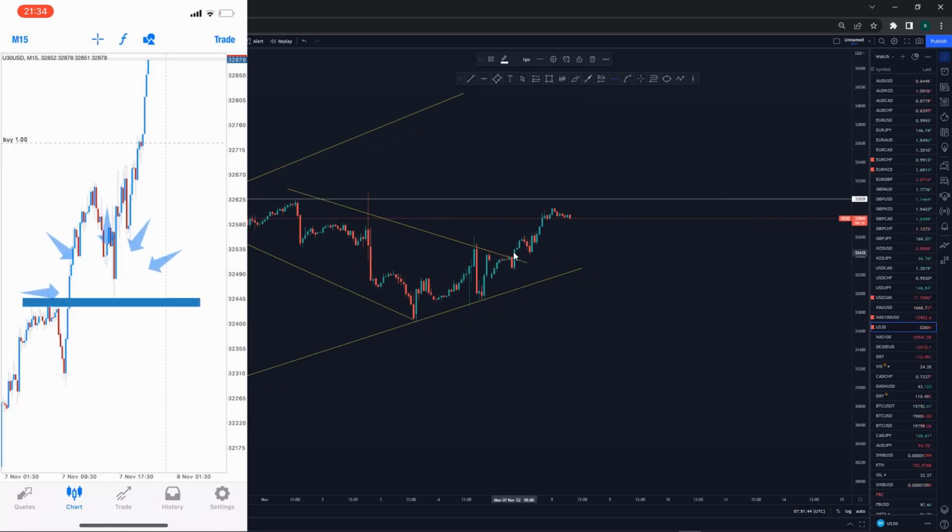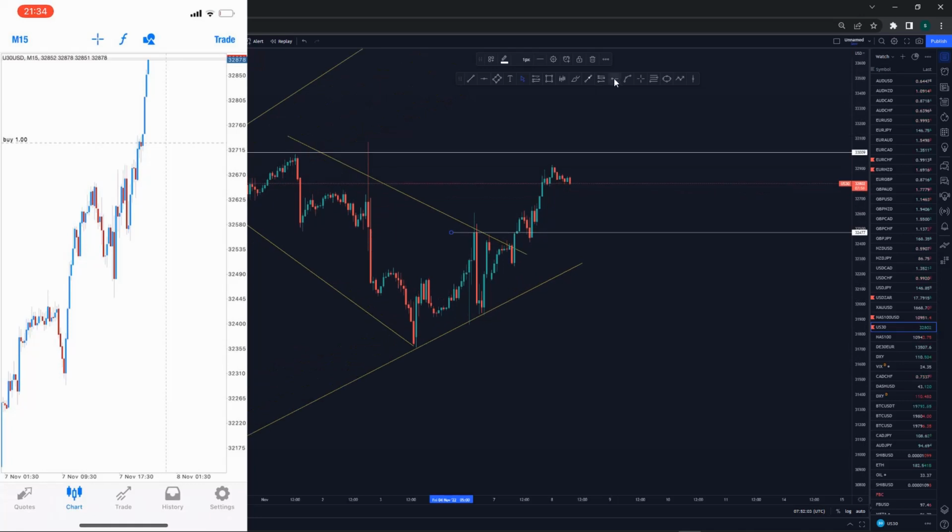As soon as the market broke out, the entry was supposed to be right here because of this rejection here, breakout, retest, right? And then I missed the entry the same way that I missed the entry for NASDAQ. That is exactly what happened here with US30. But then as soon as the market breaks the previous high, I was able to take an entry right there.